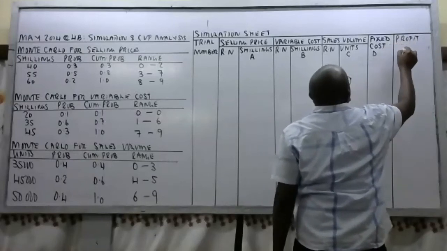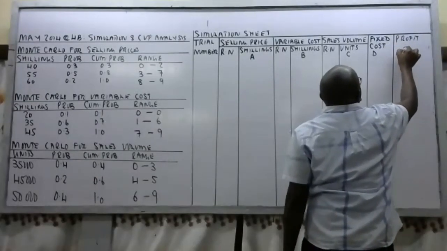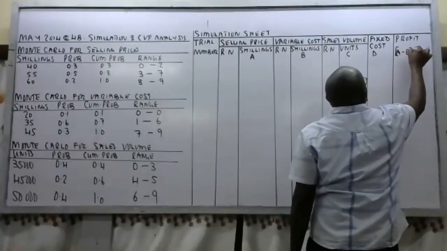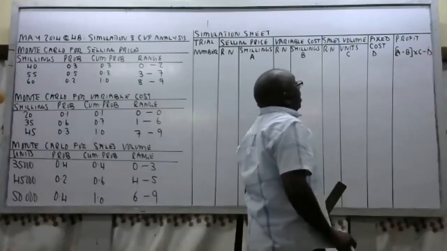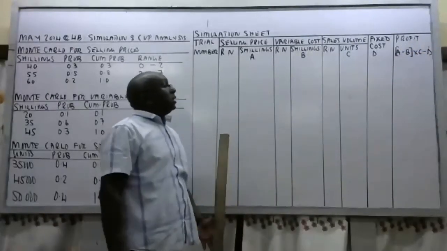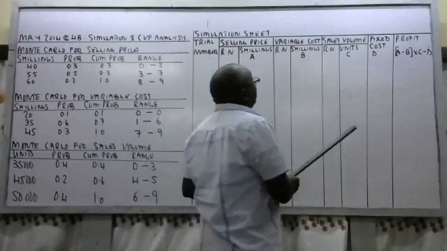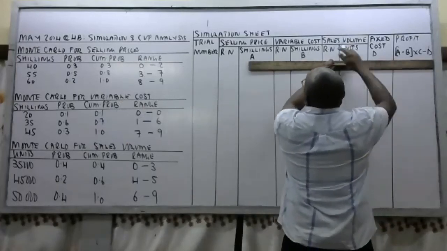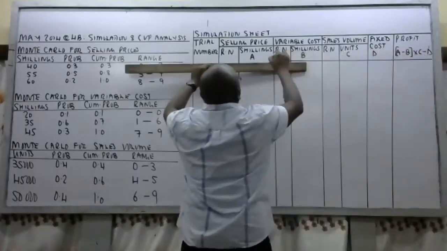Profit will be given as A minus B, multiplied by C minus D. That is how I will get my profits.